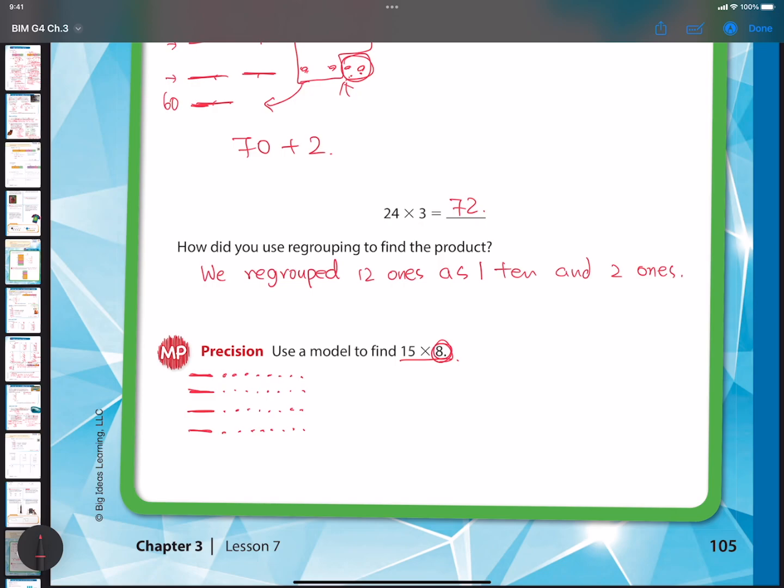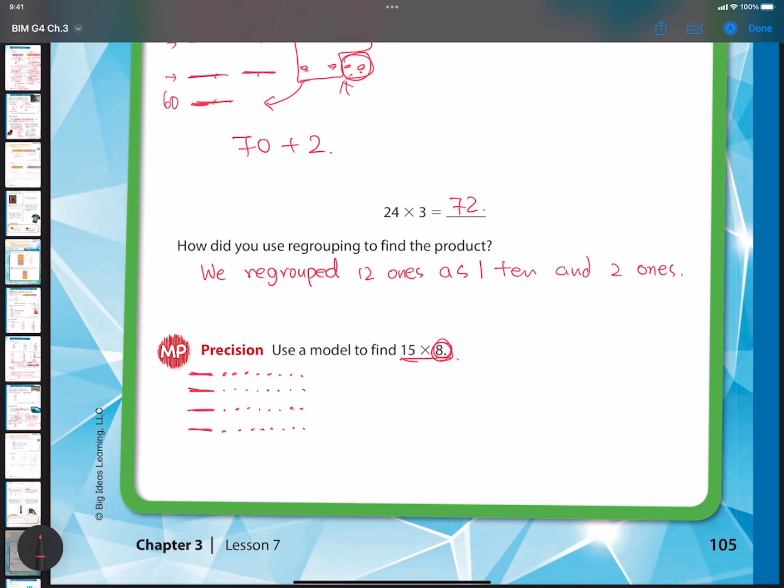Remember, we need to do 8 times this 15. So we've done this 4 times so far, and I'm going to do more here. One long and 8 ones, again and again.